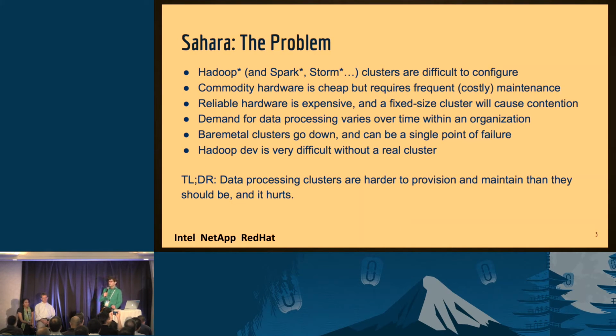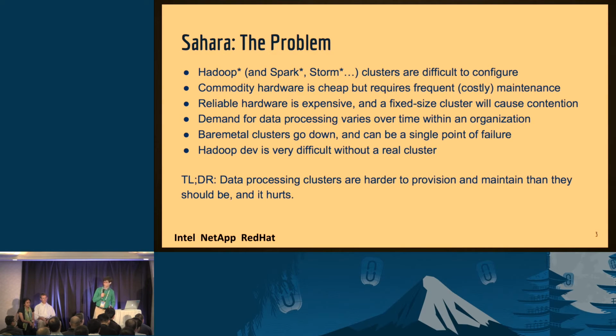Okay, so OpenStack Sahara is the OpenStack data processing service. The fundamental problem that we're trying to address is that big data clusters, whether it's Hadoop or Spark or Storm, it's not quite the Hadoop show anymore by any means, was a few years ago, are difficult to configure. They promise that you'll be able to use commodity hardware very inexpensively, but then when those nodes fail, they require expert maintenance to repair, which is reasonably expensive.